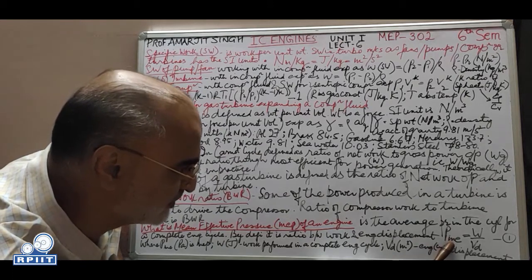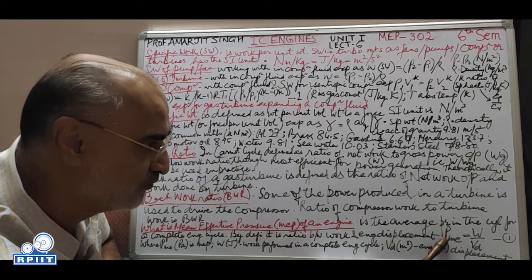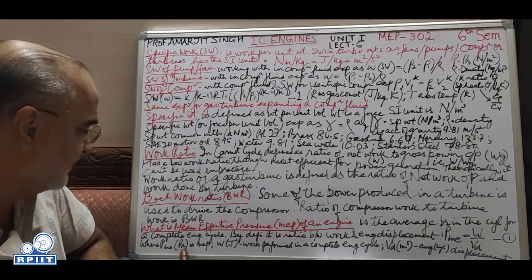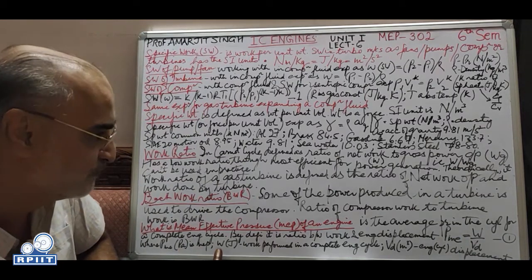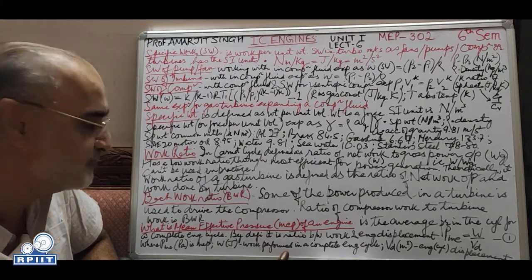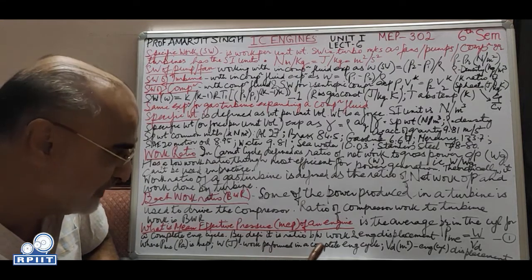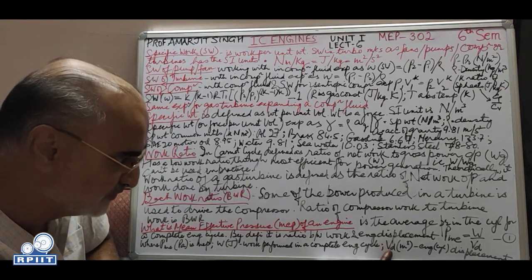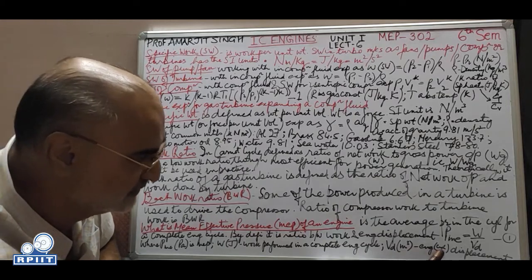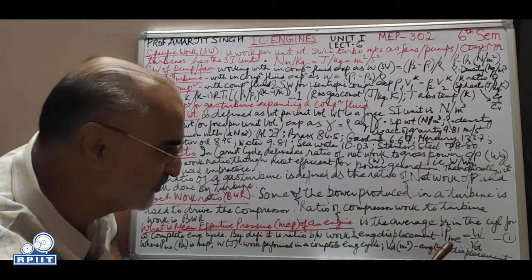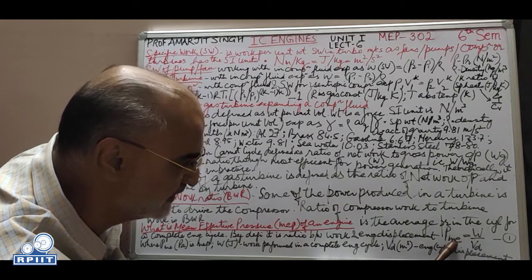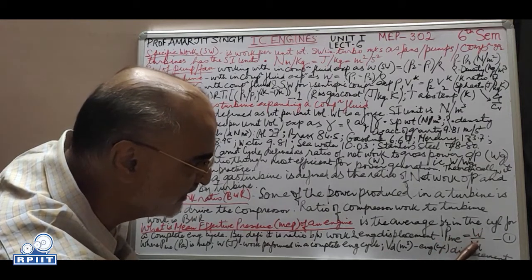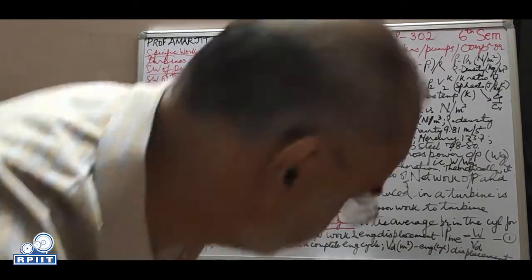So we have an expression: PME is equal to W by VD, where PME in pascals is the mean effective pressure, W is the work in joules performed in a heat engine in a complete engine cycle, and VD is the engine cylinder displacement in meter cube. So let's keep note that this is Equation 1, PME is equal to W by VD. We will use it in the next page.